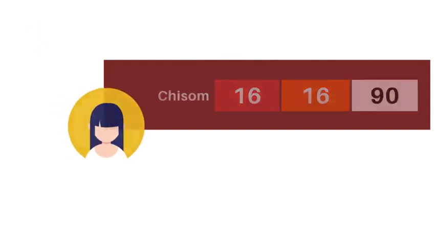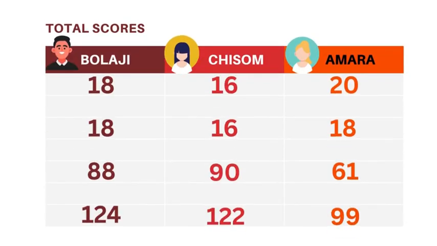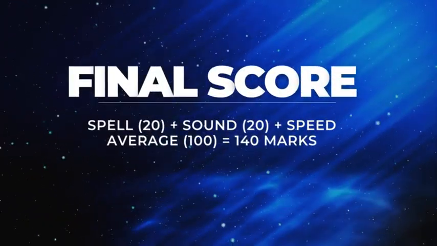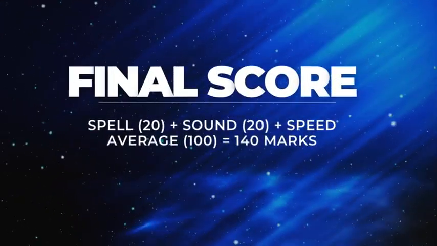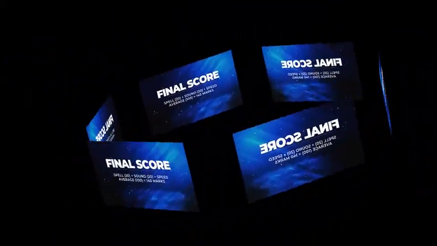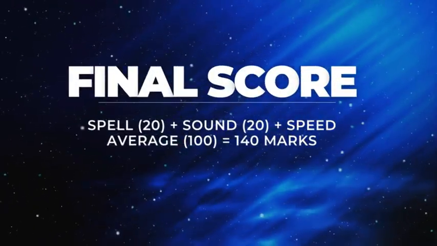So, the contestant who scored 18 in the spell round, 16 in the sound round, and averaged 80 in the speed round finishes with a final contest score of 114 out of 140. This means a contestant who excelled in the first 2 rounds carries that advantage into the final.